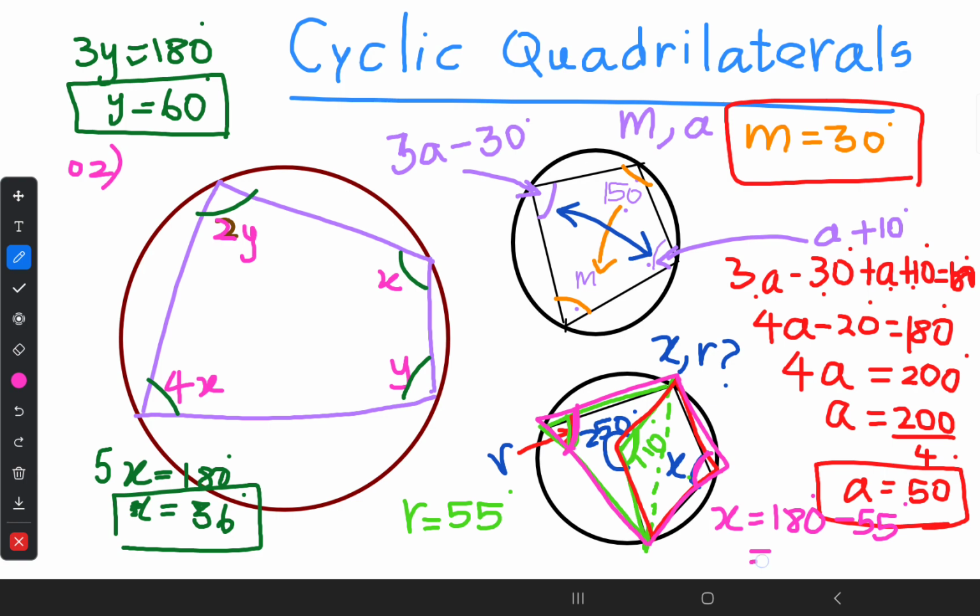That will give you your answer as 125 degrees. So the magnitude of X here should be 125. Most of you made the same mistake. You considered this as a cyclic quadrilateral. That's wrong because this particular point is located at the center. Change that answer and correct it according to the correct answer.